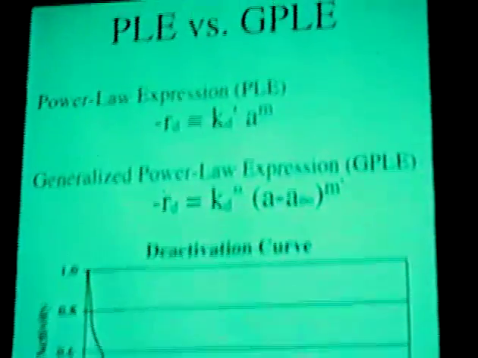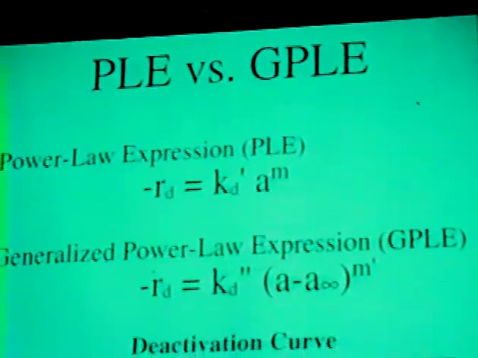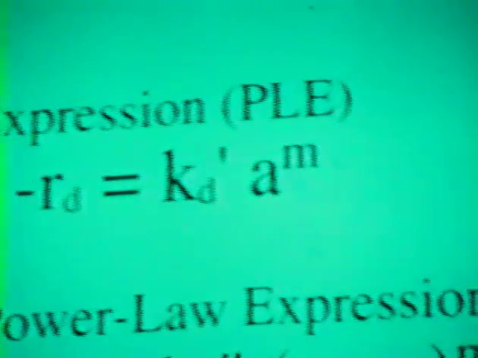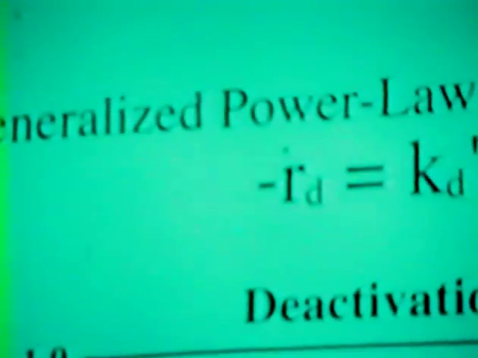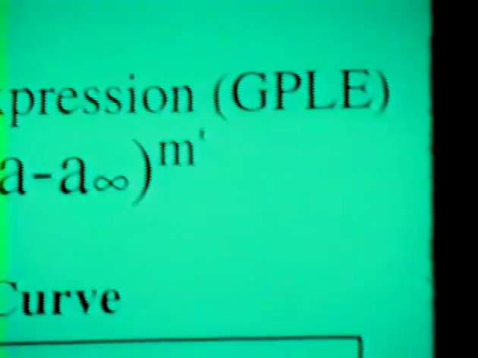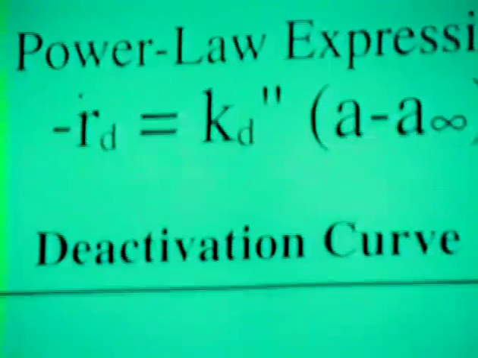Now, to analyze the deactivation data, we will be comparing the power law expression versus the generalized power law expression as developed by Dr. Fuentes. The difference in the two being that the generalized power law expression allows for a non-zero activity at large times.